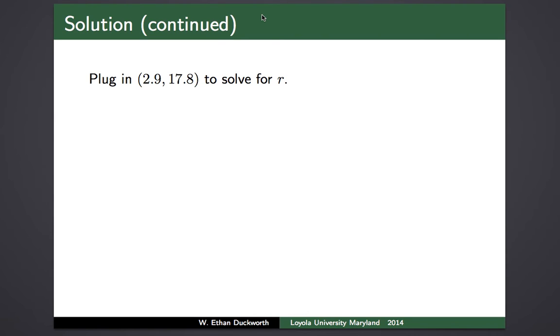We still need to find r, and we're going to do that by plugging in, again, two numbers, 2.9 and 17.8, into the function that we are trying to use. The 17.8 goes in for y, and the 2.9 goes in for t.